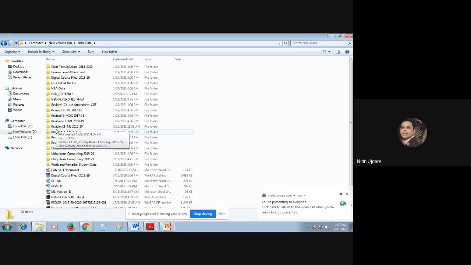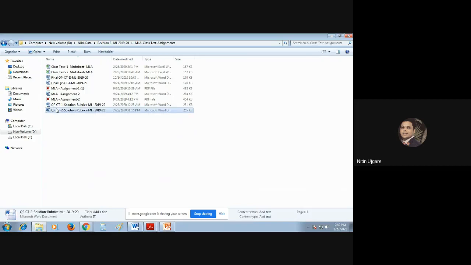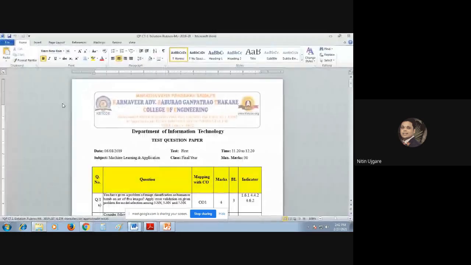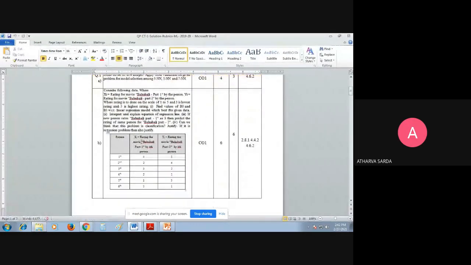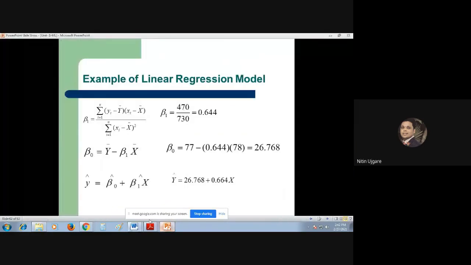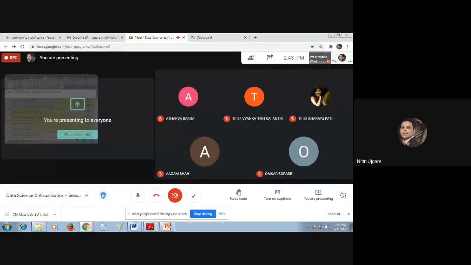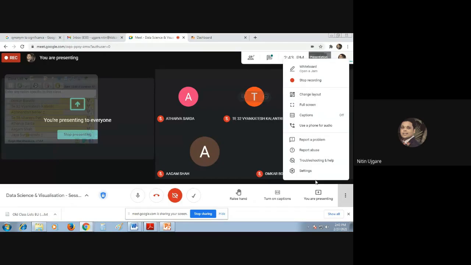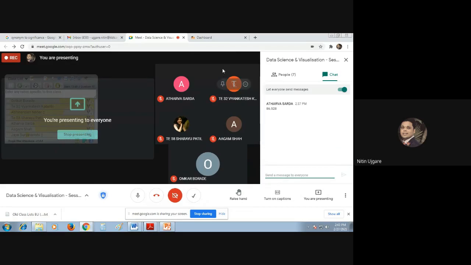I have also shared the association rule mining question with all of you. Did I share it on the group? Did you see it? No, sir. I think it was not shared. Okay, I'll share that PDF with all of you. Don't worry. Can we share the file here?